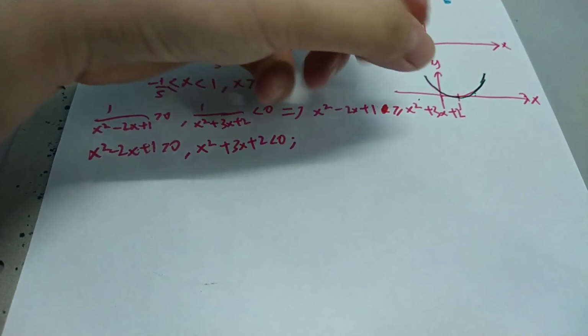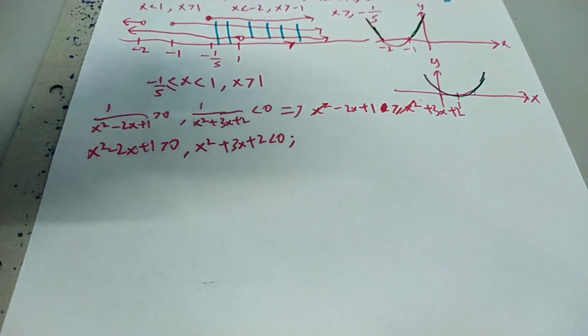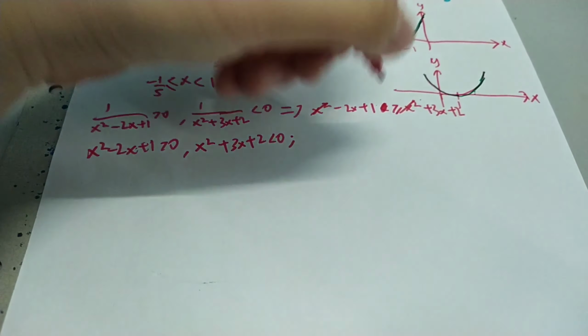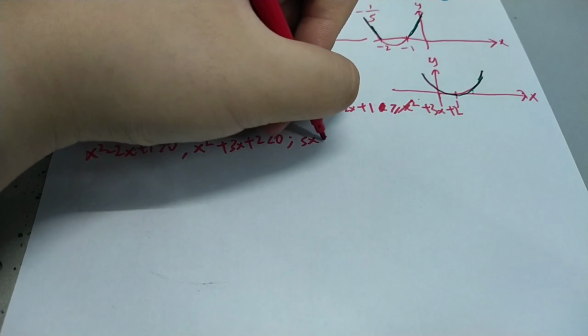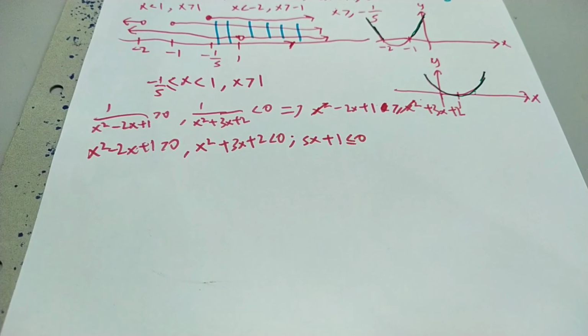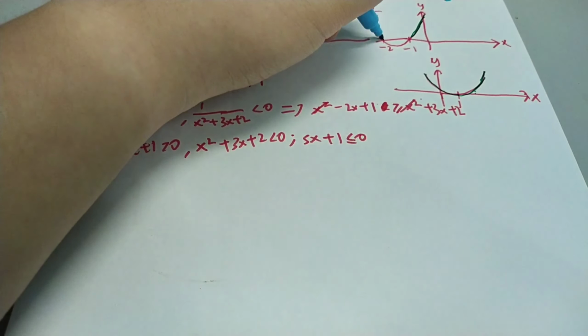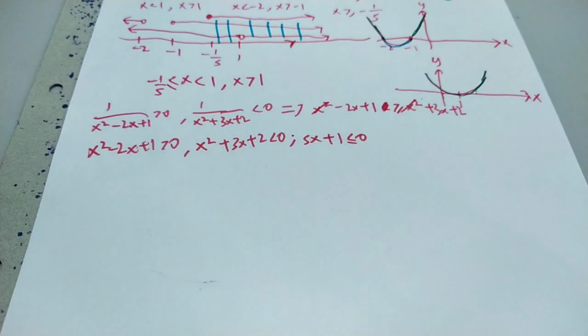And then the third one is, now look at here, this and this cancel out. Do some algebra, you get 5x plus 1 is less than or equal to 0. And then we are going to solve this, and we need to define the region below the curve.